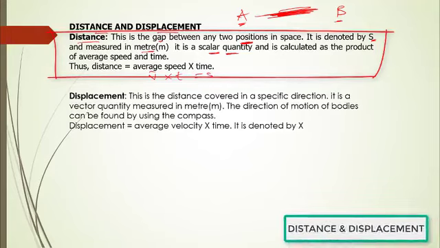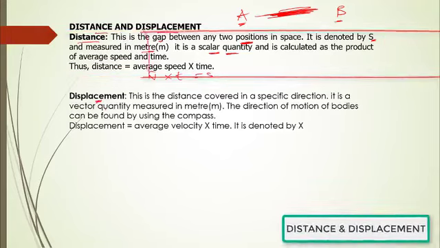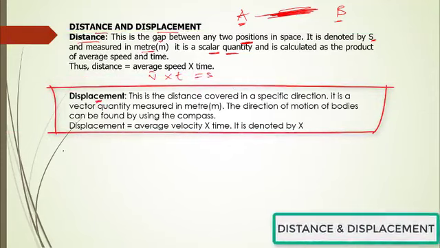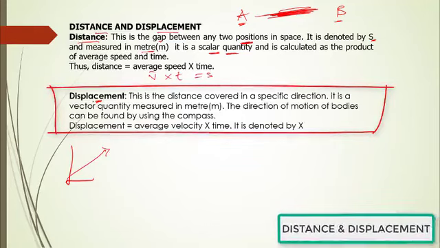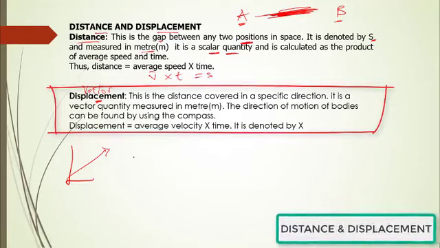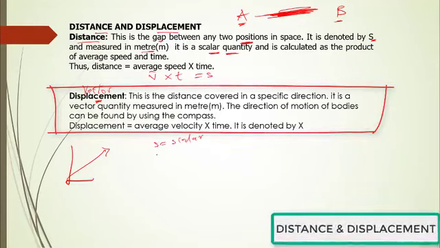That gives us distance. On the other hand, displacement is distance sort of, but it is distance covered in a specific direction. And because of this direction, we say that displacement is a vector quantity, while distance is a scalar quantity. So the basic difference between distance and displacement is that distance is a scalar quantity and displacement is a vector quantity.